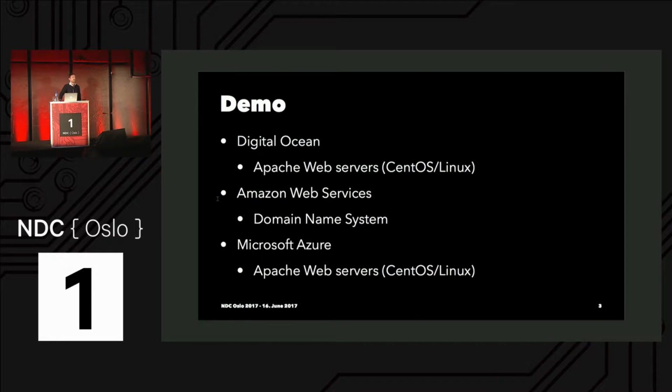Then I'll mix in some DNS with Amazon, and then create a DigitalOcean similar setup over at Azure in Ireland. So I'll be launching Linux machines and starting Apache, which is a popular web server.